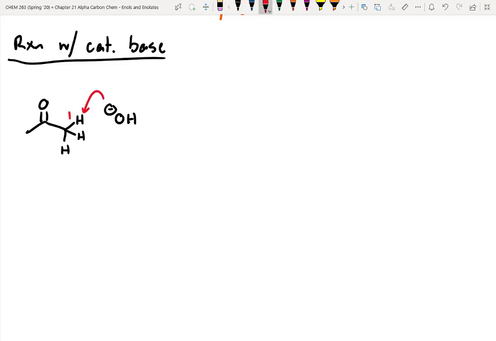It can grab this proton, and we can form a small amount of our enolate, where there's a negative charge there. We're not going to get very much of it because, like I said, the pKa of our protons here is about 20.